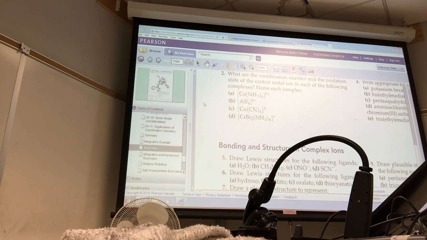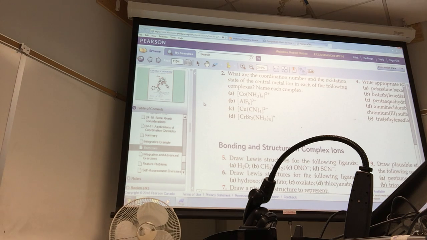Silver, would it be silverate or argentate? Argentate. Gold, would it be goldate or aurate? Aurate. And so some of these we're going to use the origin name. And so this is going to be cuprate. What's the charge on copper? +2 or -2 or what? +2. So it gets Roman numeral 2.